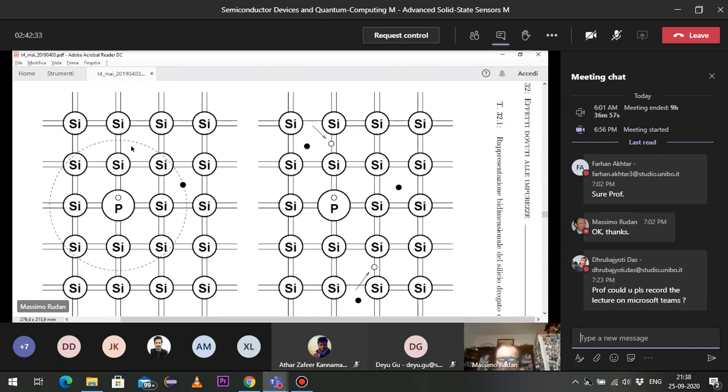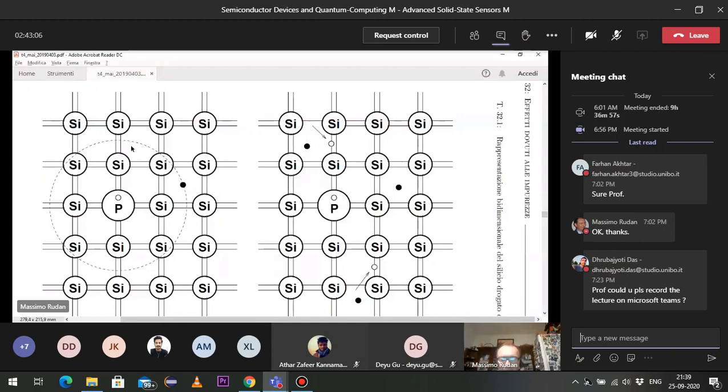Using suitable technological processes, we are able to introduce into the silicon crystal atoms belonging to other chemical species. And these atoms are called impurities, okay? And they are inserted purposely into silicon because we want to change essentially the conductivity of silicon, okay?